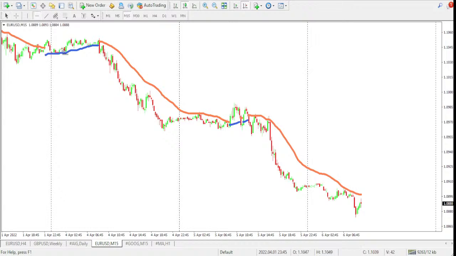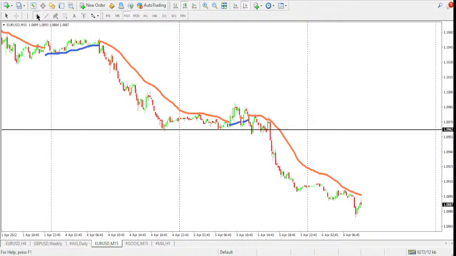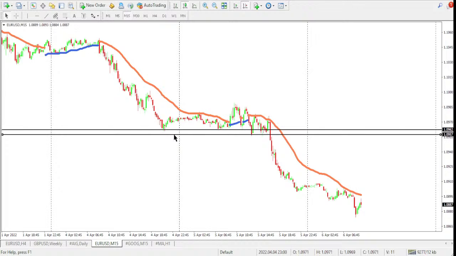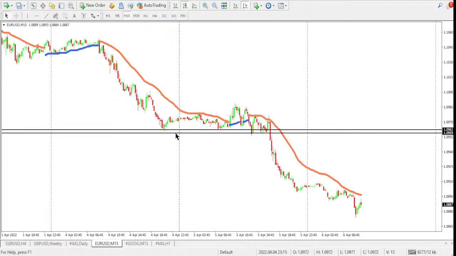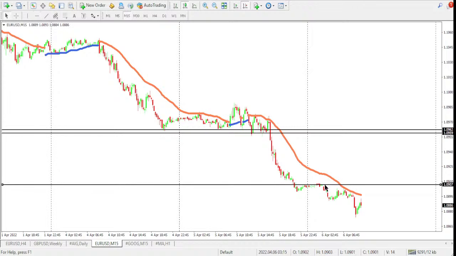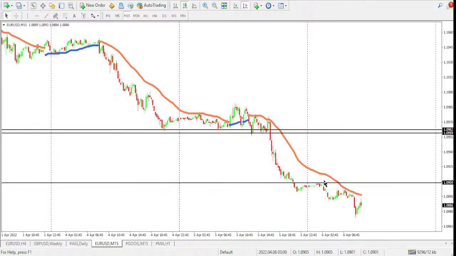Horizontally, these are the levels we are looking at. We have the first level here. So that is like a very good support there. We have another one there. It doesn't look very good, but it's still a resistance.